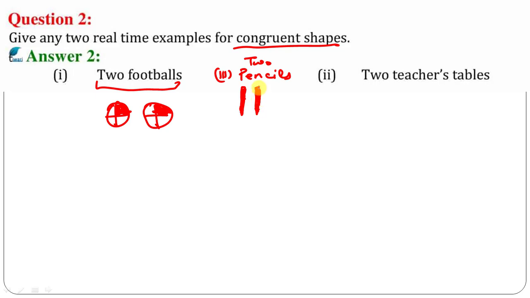These two pencils are congruent. Two tables, blackboards, and books are congruent shapes.